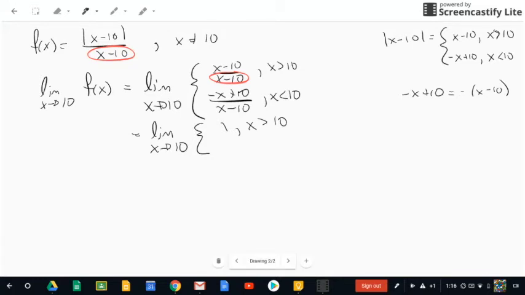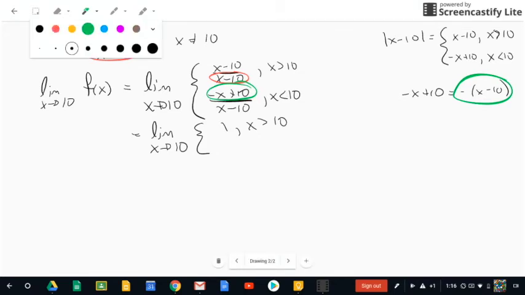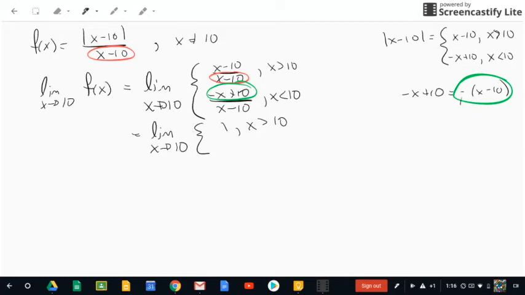So this bit right here is going to be the same as this bit right here, which means I can cancel out that x minus 10, and I'm going to be left with that negative 1. And that will be true so long as x is less than 10.